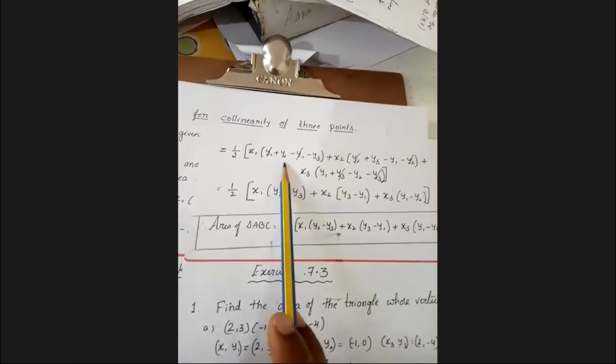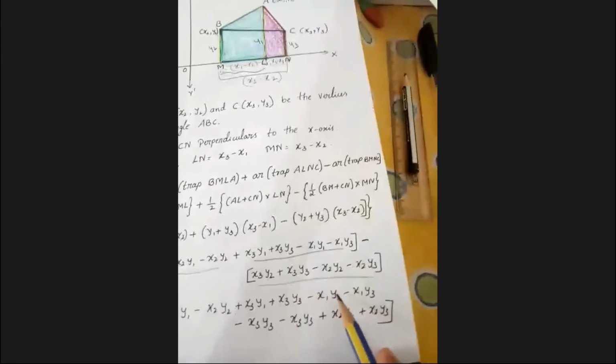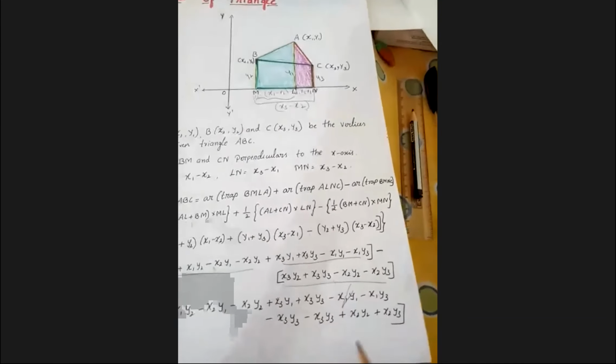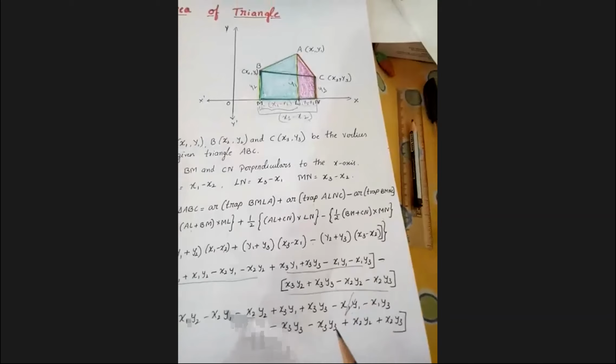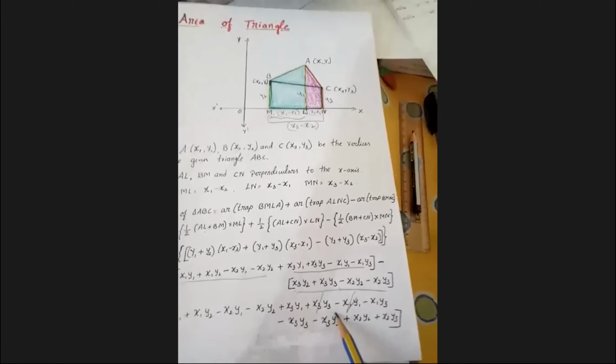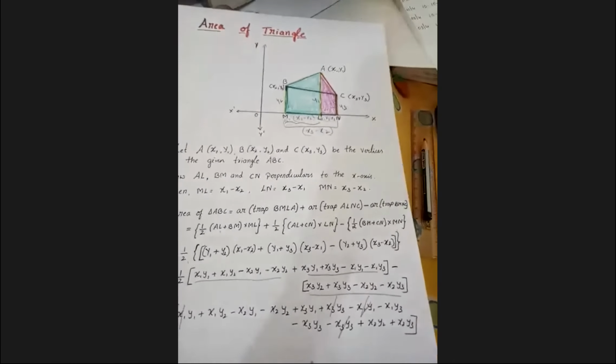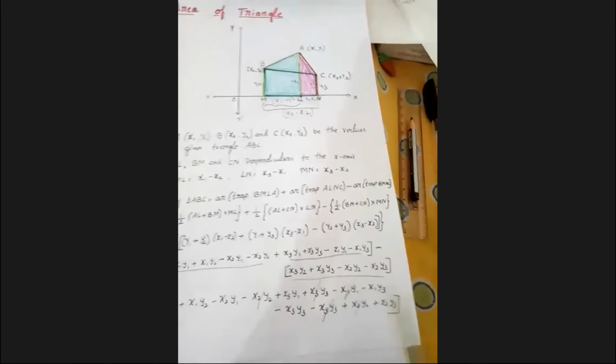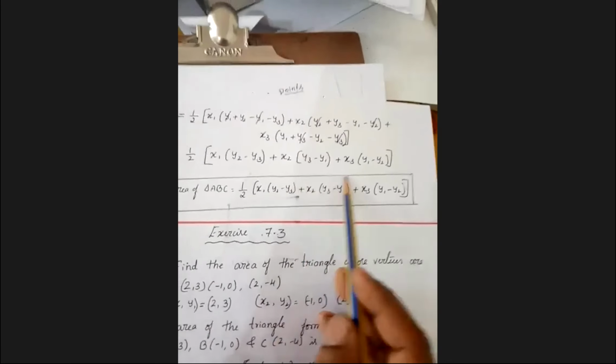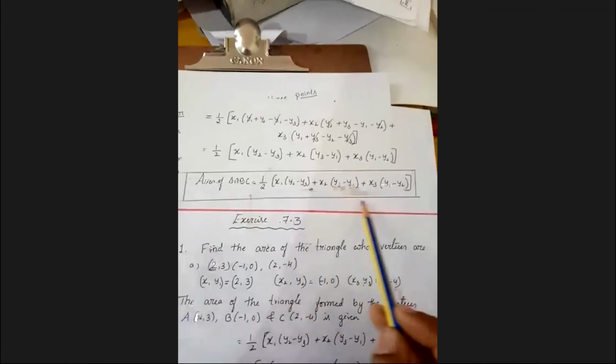Either you can take everything and cancel like this, or I can cancel here only. x1, y1 gets cancelled, plus x1, y1 minus x1, y1 will get cancelled. Plus x3, y3 minus x3, y3 you can cancel. Plus x2, y2 minus x2, y2 you can cancel. And the remaining thing if you collect, you'll get this final area of triangle ABC formula.